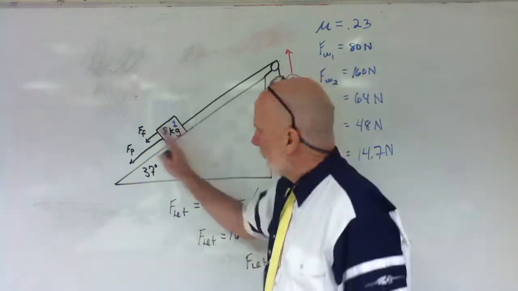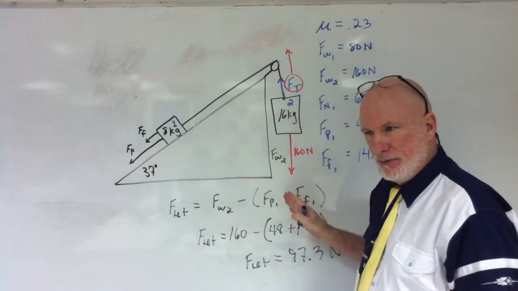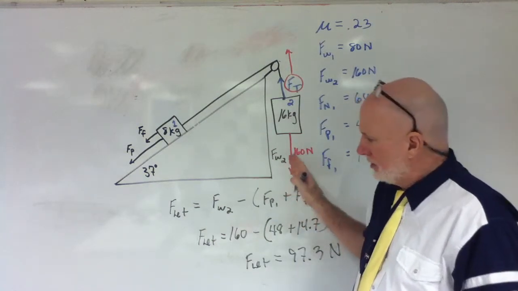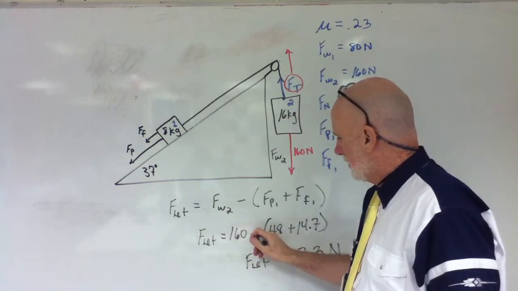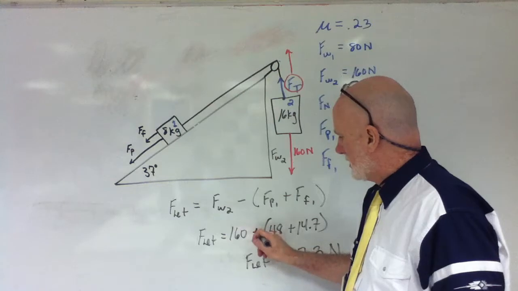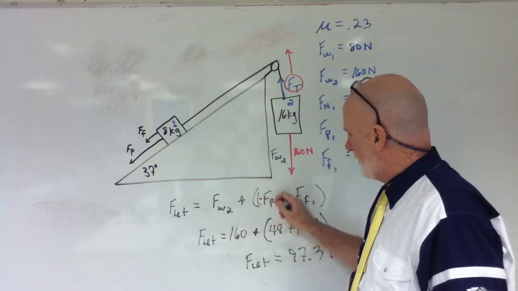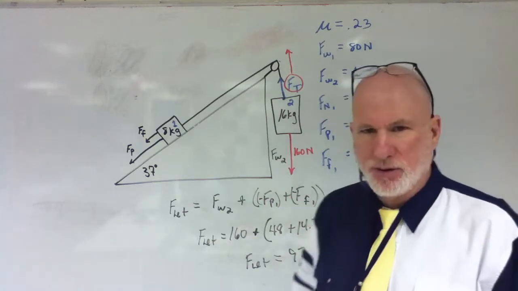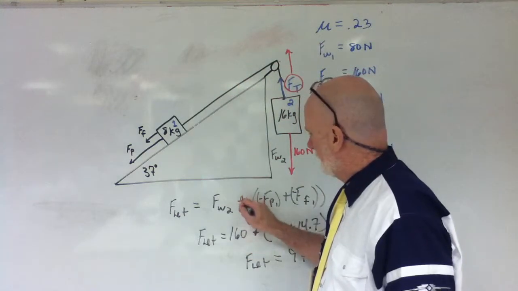It's the contrary forces going one way, 160 coming down. So it's going to be 160 plus these, or minus these, correct? You could actually say plus this, because we know that these are both negative. You know that they're both negative. So you could actually make everything a plus.